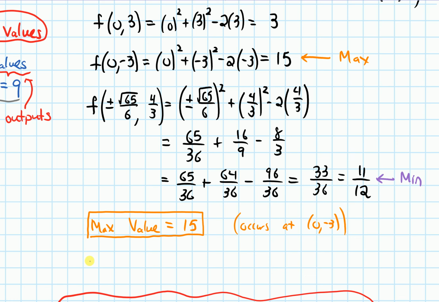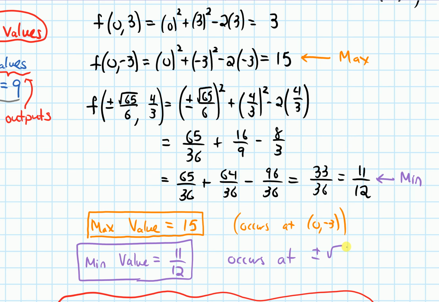So similarly for the min value is 11 over 12, which is our answer. That's what it wanted. And if we needed to write down where it occurs at 2 points, plus or minus root 65 over 6, comma, 4/3, and we would write something like that.